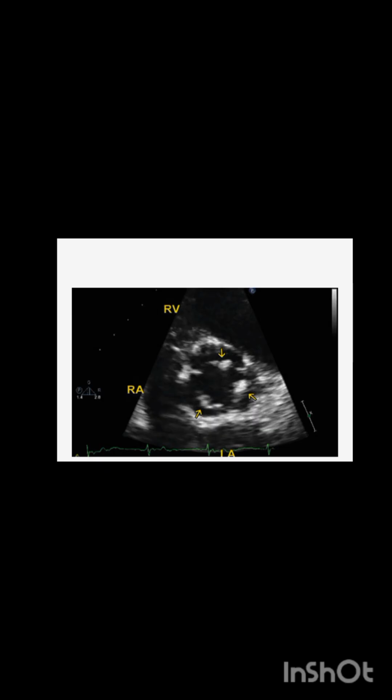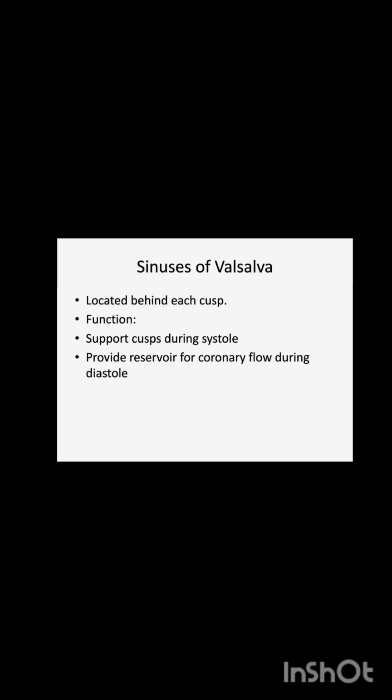This is the node of Arantius, and this is almost the Y shape in the echo short axis view. Almost this is the Y shape.